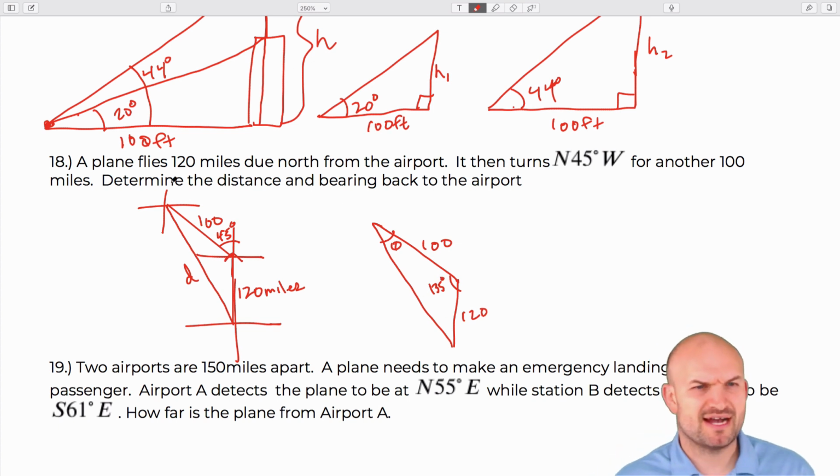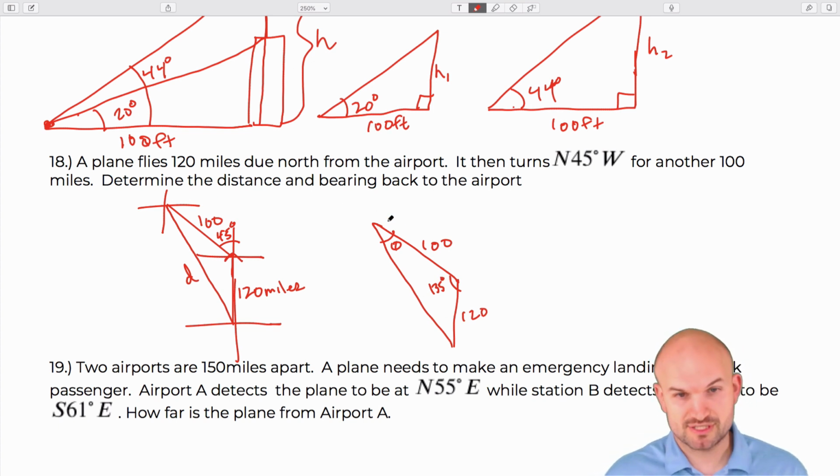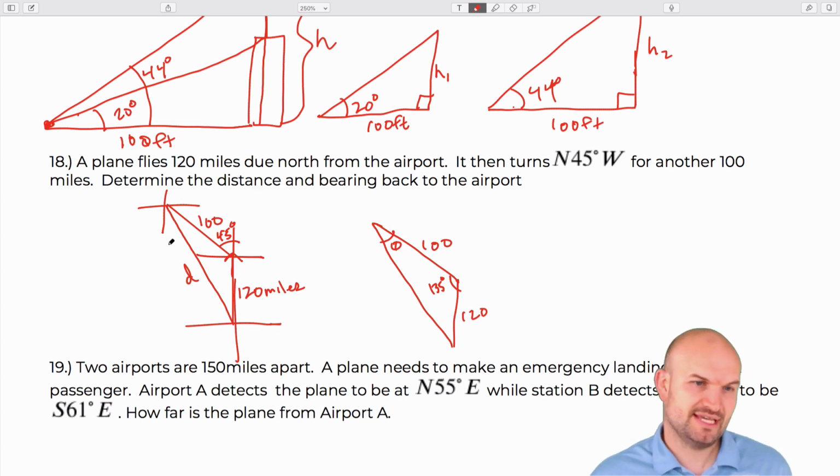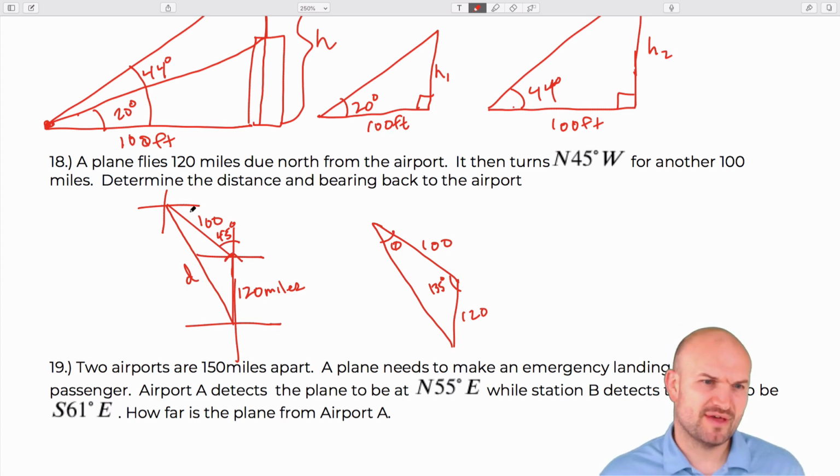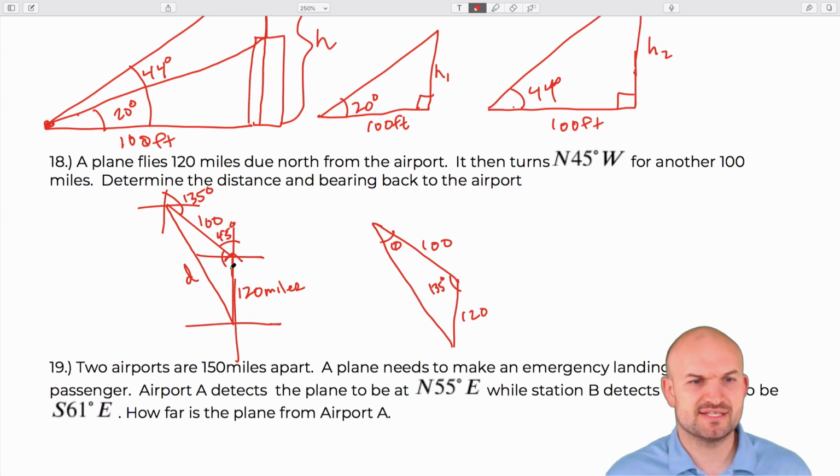So now what we need to find is the distance and bearing back to the airport. So we need to figure out this angle, so that we can figure out the bearing. You also need to know that that angle right there is 135, and then you'll just add whatever your bearing is to that angle.